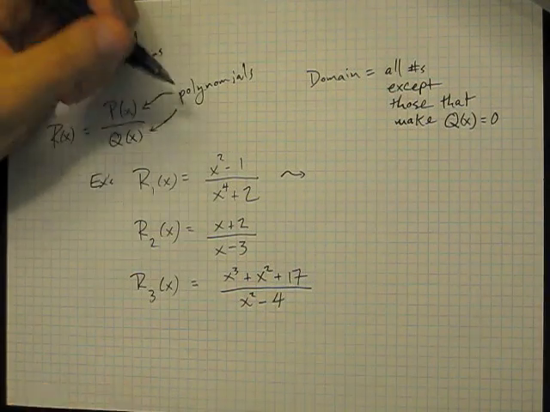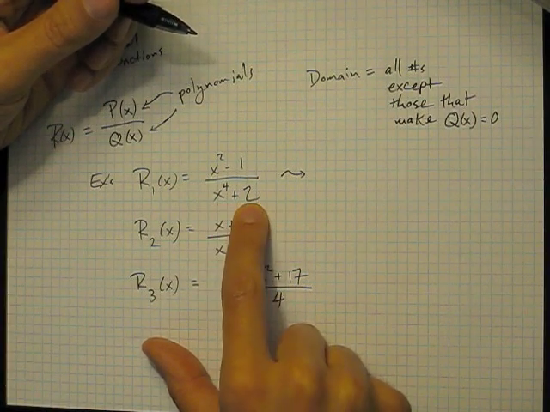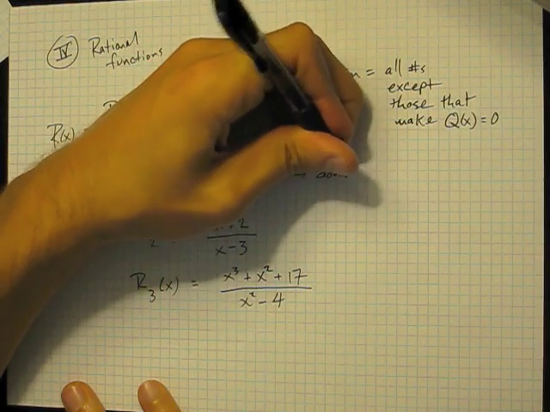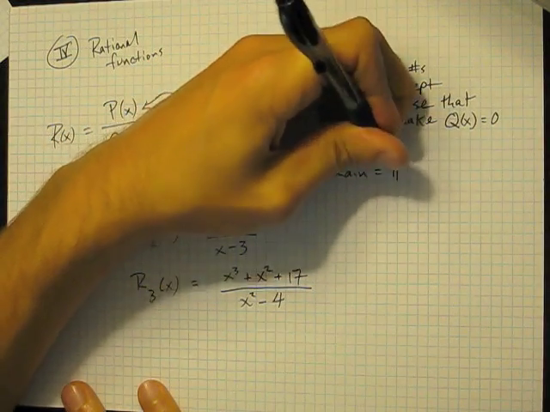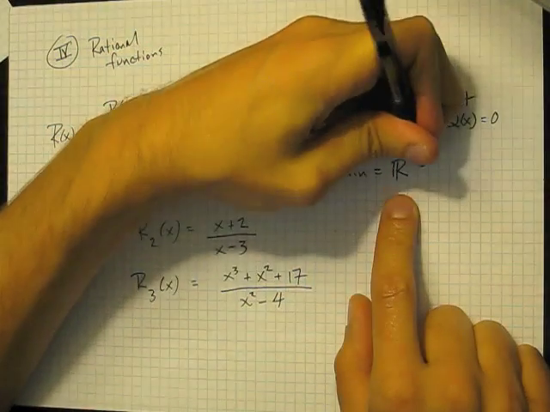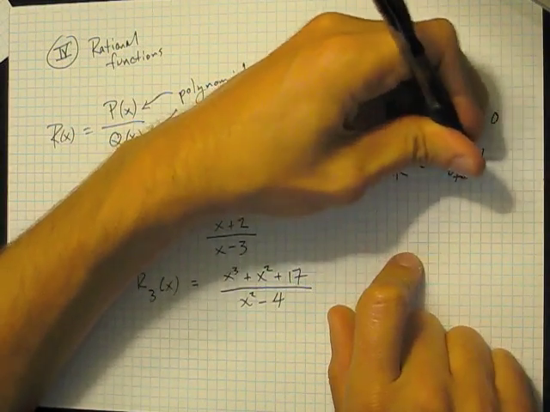So here, no number makes x to the fourth plus 2 equal to 0. So the domain here is all real numbers. Again, this is the symbol that I use for the real numbers.